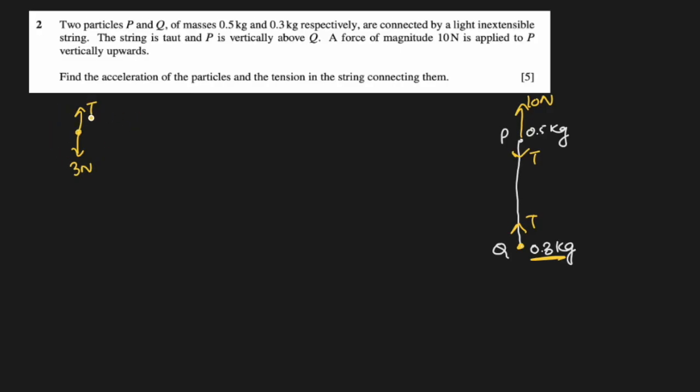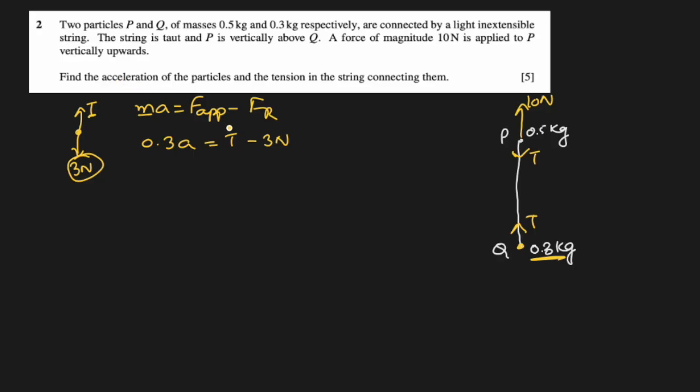As a result, T will become the applied force. We know that MA equal to applied force minus resistive force. So M, mass of this particle, I'm focusing on only this, 0.3, acceleration they are asking us to find. Applied force in this case becomes T minus resistive force, which will be 3 Newton, which is trying to stop it.